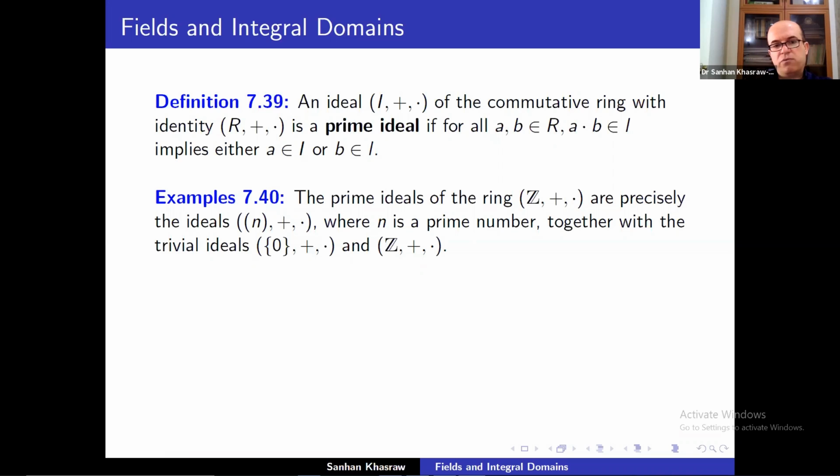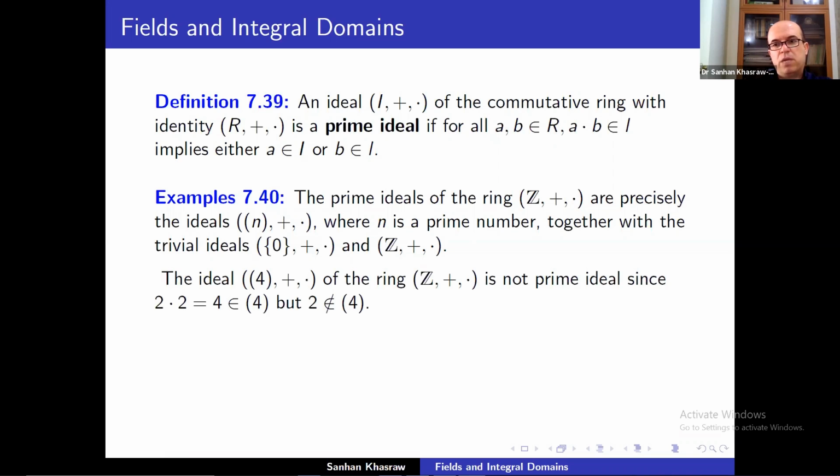How about the others, if n is not a prime? Let's check the ideal generated by 4. This ideal is not a prime ideal. Why? Because I can see 2 times 2 belongs to the ideal generated by 4, but 2 is not in the ideal generated by 4. From the definition, if A times B is in I, then one of them must be in I for I to be prime.